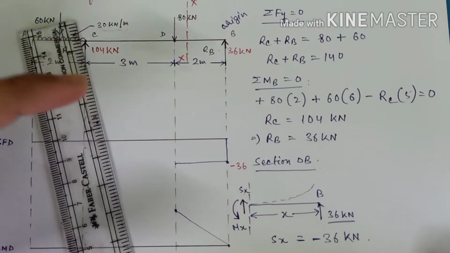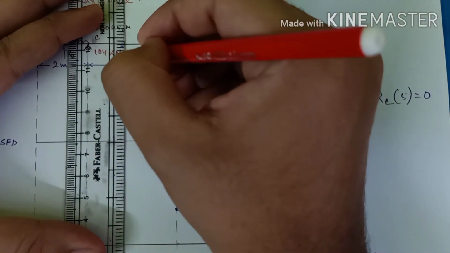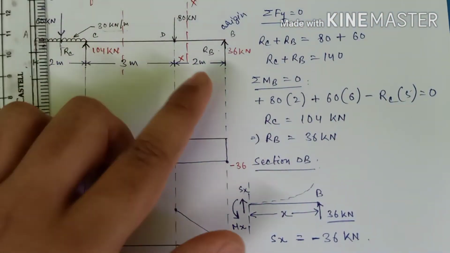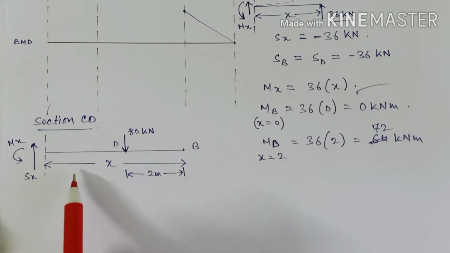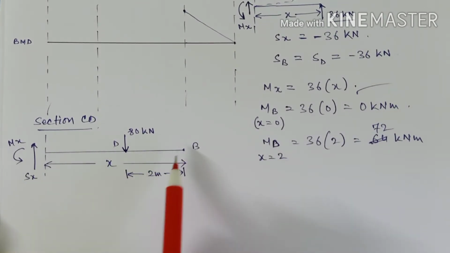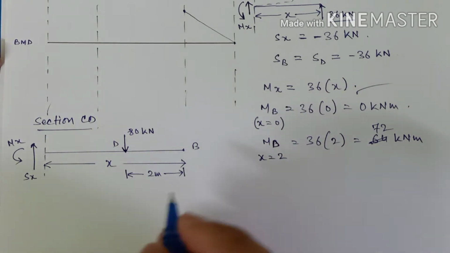So now let us consider section CD, which is at a distance of x from the origin. I have drawn the section over here, x from the origin, and the distance between B and D is 2 meters, right? So first we need to solve for the shear forces.